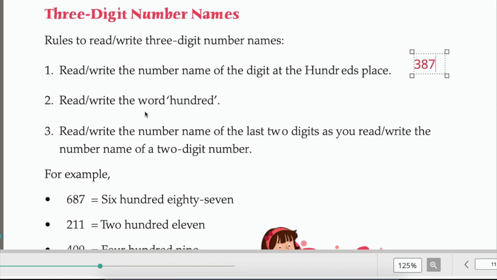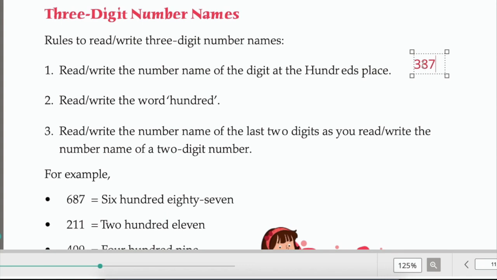Next, read or write the word hundred. After writing 3 as a number name, you have to write hundred next to the 3, that is THREE HUNDRED, 300. Third, read or write the number name of the last two digits as you read or write the number name of a two-digit number. In the next two digits, that is tens and ones place, we have 87.